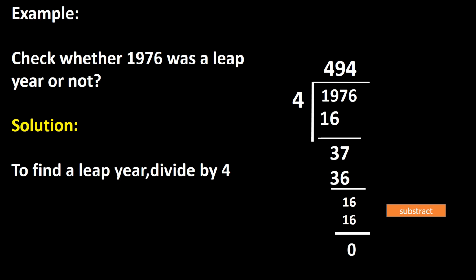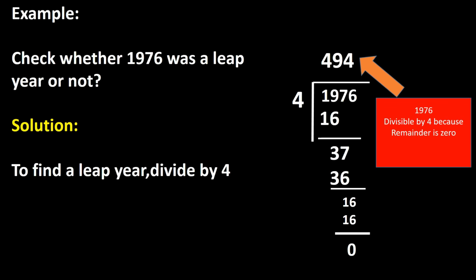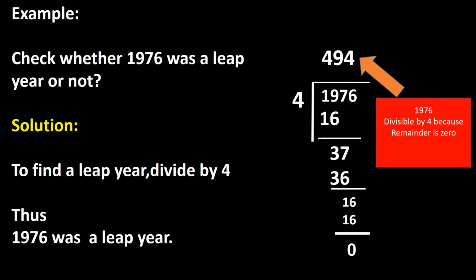So in this example, 1976, there is no remainder and the quotient is 494 and it is a whole number and there is no decimal. So thus 1976 is divisible by 4. So we know that if it is divisible by 4, it is a leap year. So thus 1976 was a leap year.